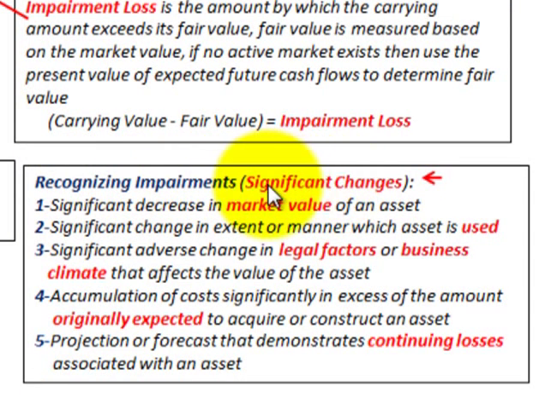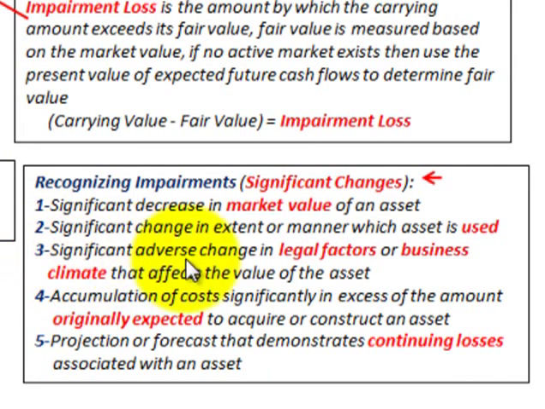What we're talking about in this first step, where we have to review events or changes, what we'd be looking for is significant changes. And these are the significant changes I've listed here. Number 1, significant decrease in market value of the asset. Number 2, a significant change in the extent or manner in which the asset is used.